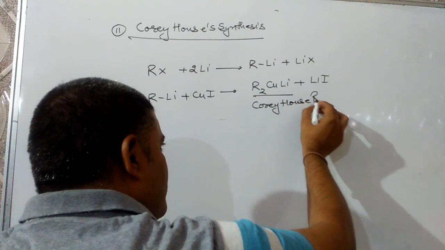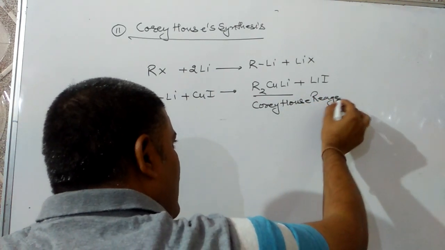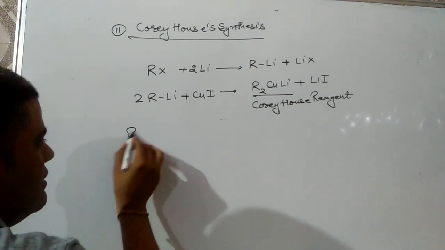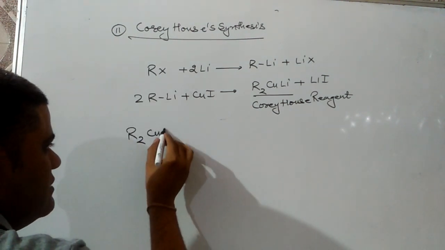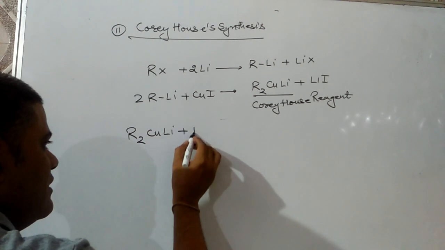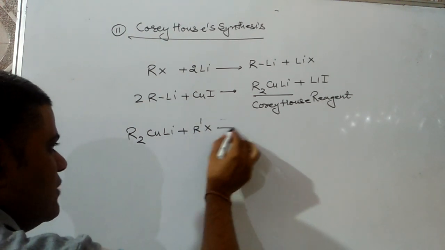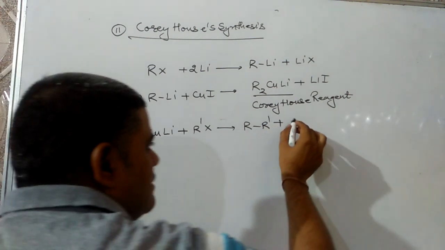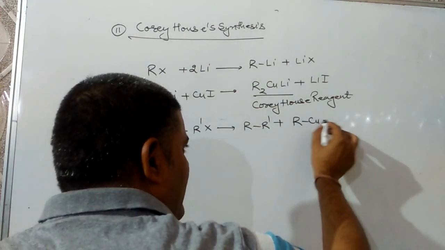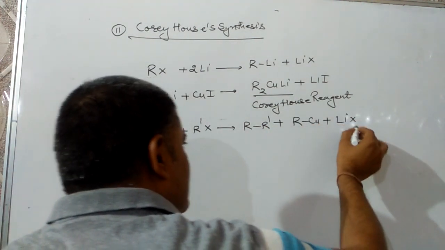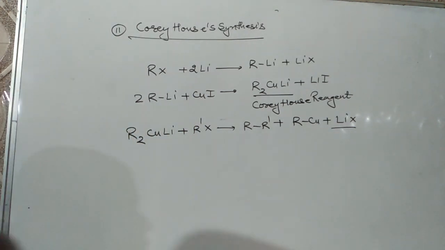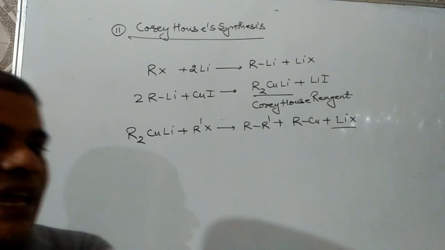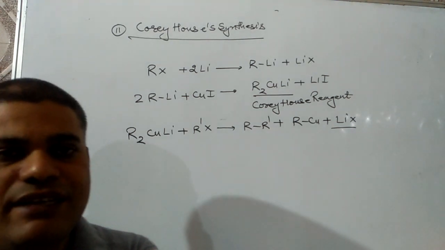Then this Corey-House reagent can react with a second haloalkane to produce the unsymmetrical alkane plus R-Cu, an organometallic compound, plus LiX.